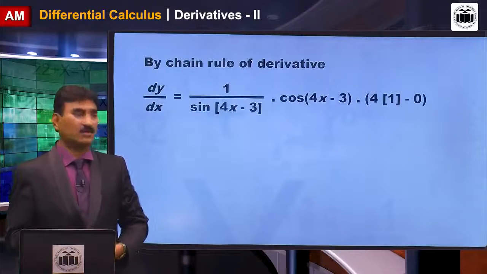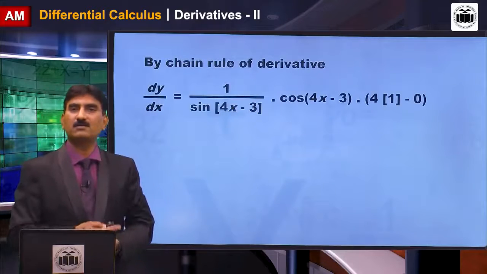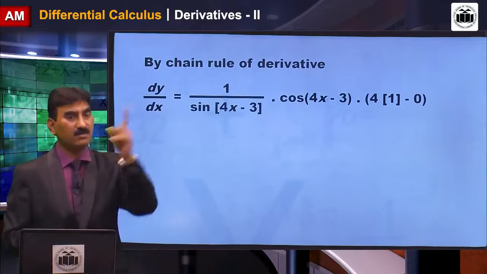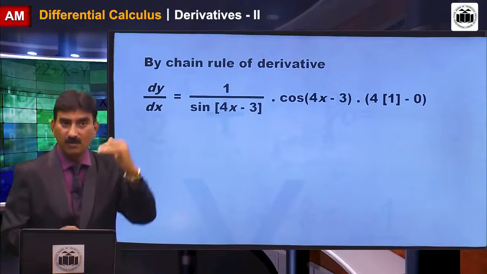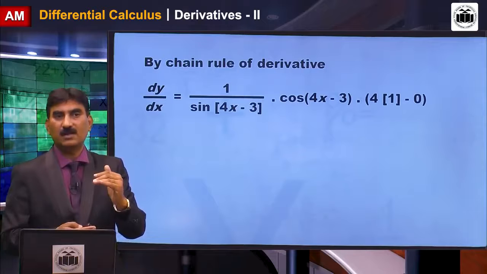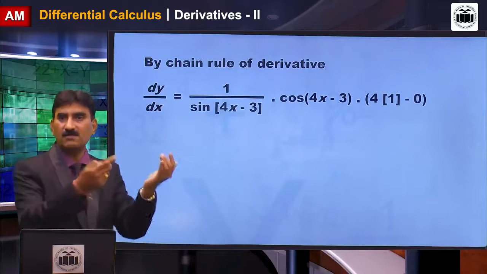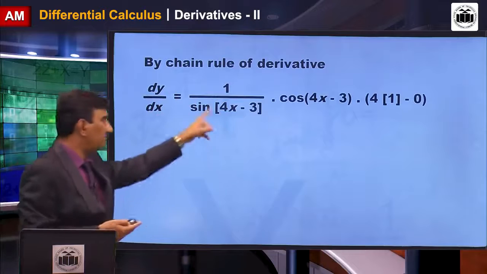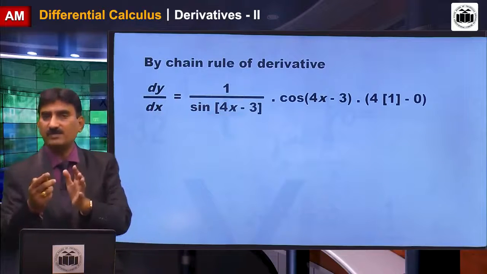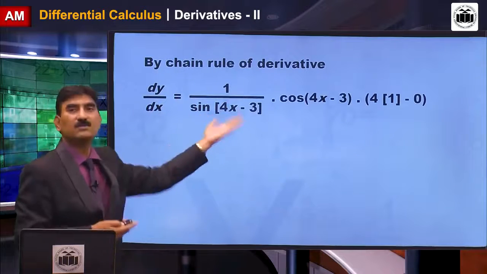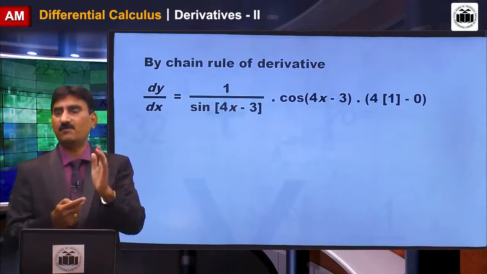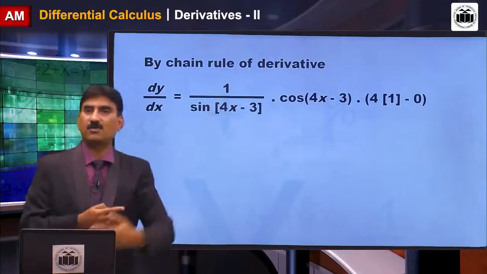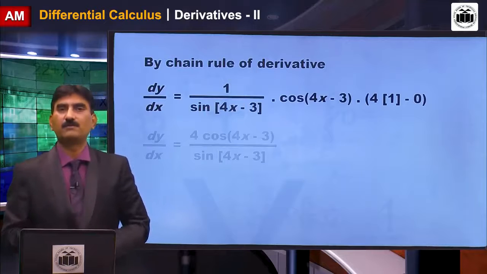So what is the derivative of log of sine of (4x minus 3)? It is 1 upon sine of (4x minus 3), because the derivative of log x is 1 upon x, and instead of x we imagine here sine of (4x minus 3). Then what is the derivative of sine x? It is cos x. So in the second term, we get cos of (4x minus 3). And in the last term, the derivative of 4x is 4, minus 0, as the derivative of a constant is 0.